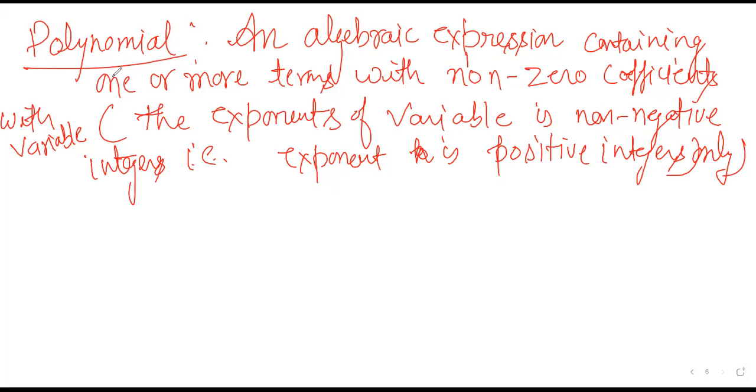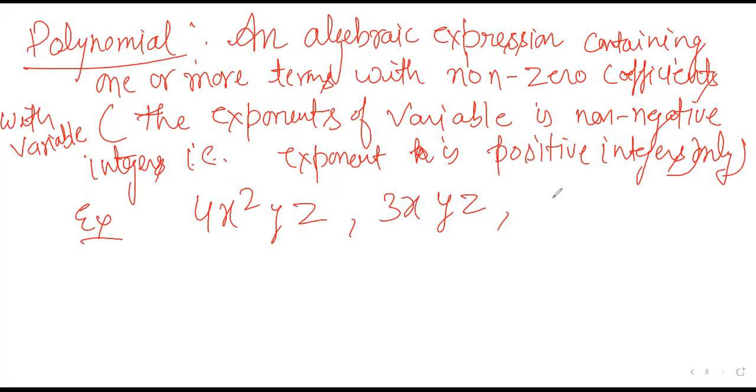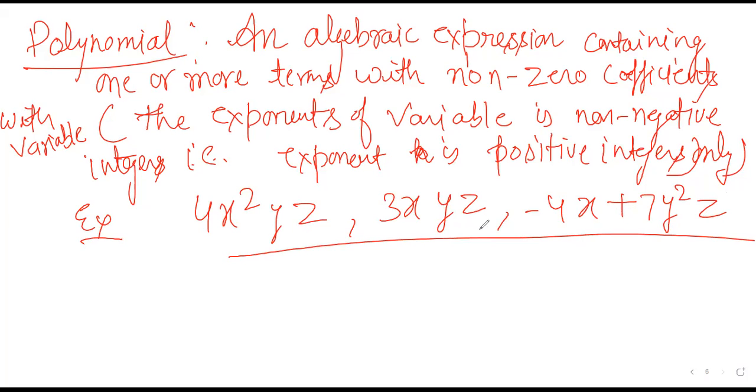A polynomial is definitely an algebraic expression, but with certain conditions. Let us write examples: 4x square yz, 3xyz, 4 minus 4x plus 7zy square z. These are all polynomials.